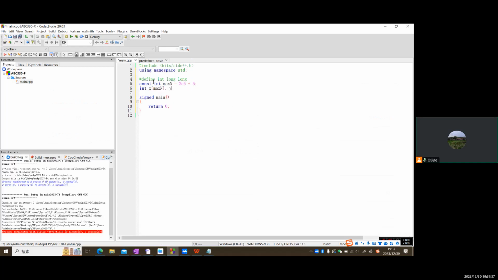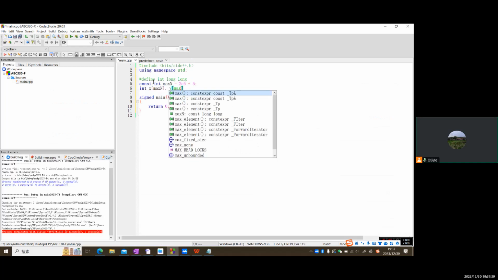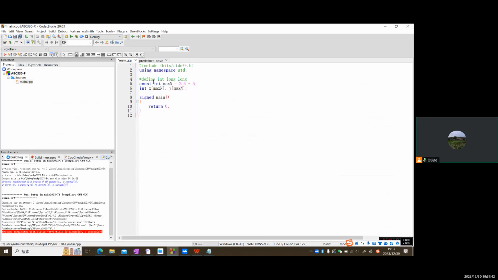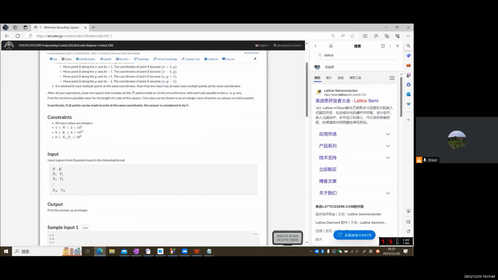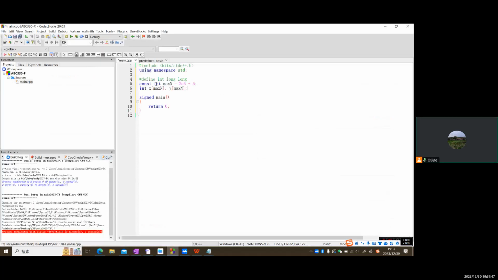This is the x coordinate, and this is the y coordinate. Here, now we need the numbers n and k. For n points, we read them in, and now we can sort.